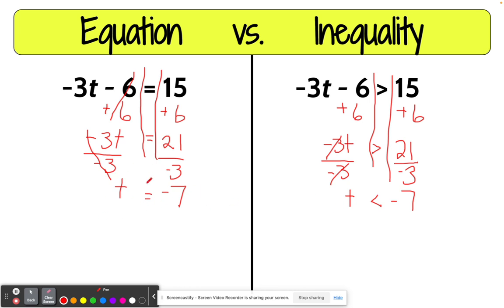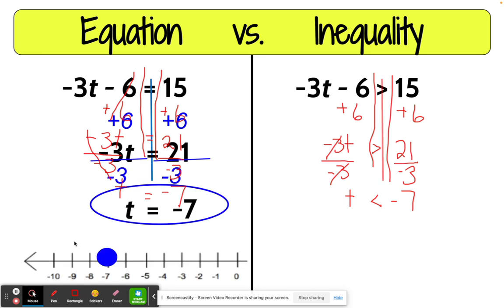So my equation has only one solution. My inequality has infinitely many solutions. Every number that's less than negative 7 will be a solution. My lines are drawn there.